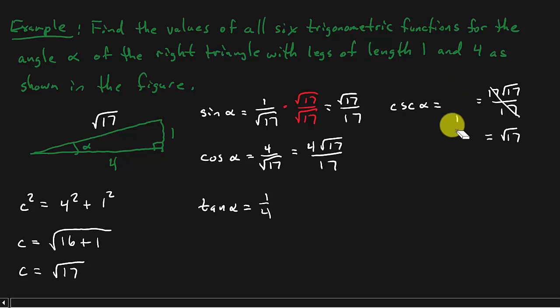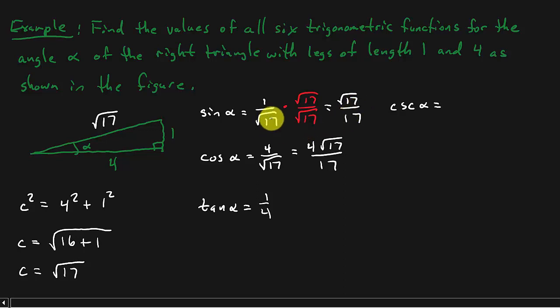Okay? And what I mean when I say be smart about it, we've got sine alpha is equal to this. That's right. But sine alpha is 1 over square root of 17. 1 over square root of 17 and square root of 17 over 17 is the same thing. This is just the denominator is rationalized.